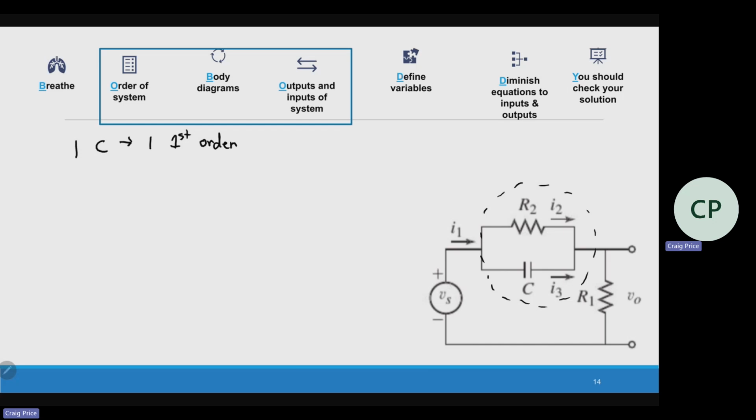So we could take this, here's my supply voltage, and we could create one equivalent impedance.